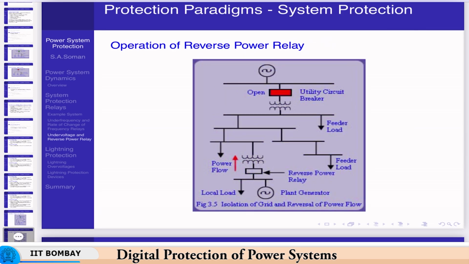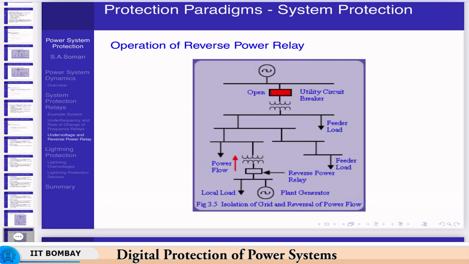The utility side breaker will open, and because there are loads outside the plant which are not being fed now, the plant generator will start feeding those loads, and it will get overloaded. Because the load generation balance cannot be maintained, the frequency will eventually start falling, and it will trip on under frequency. To avoid that, you have already noticed the change in power flow direction.